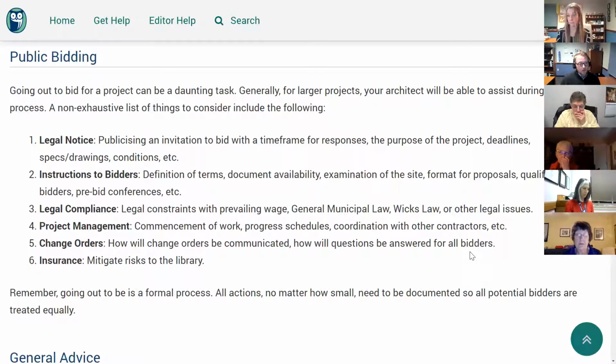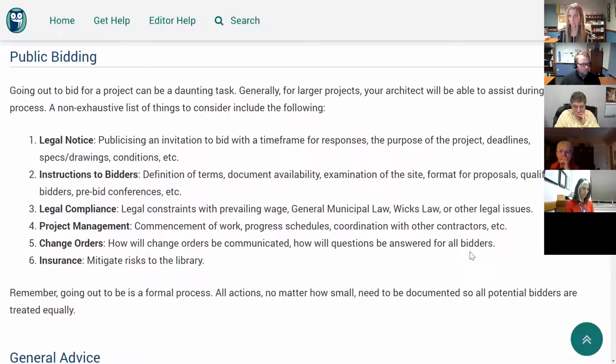Sometimes it can help with different types of funding depending on where it's coming from, but there's nothing that says libraries are required to use any type of MWBE contractors. Thank you. Very helpful. Yep, absolutely. Any other questions?